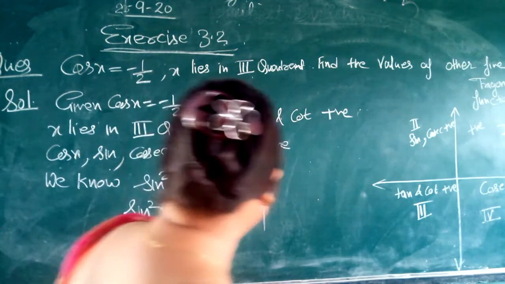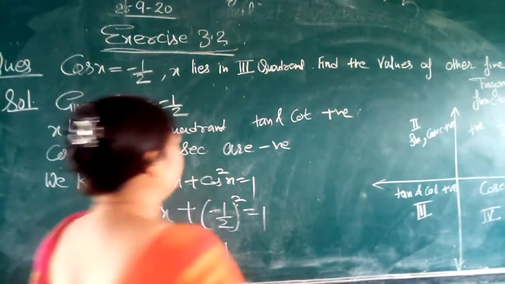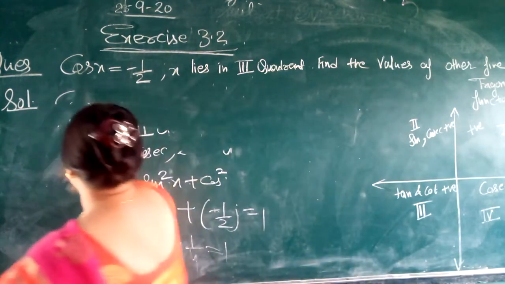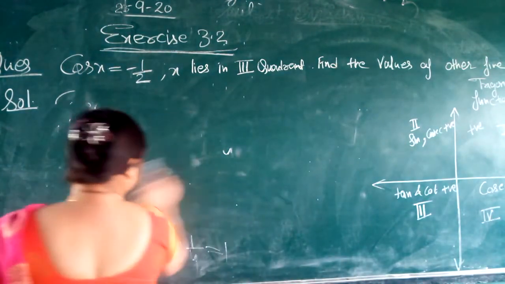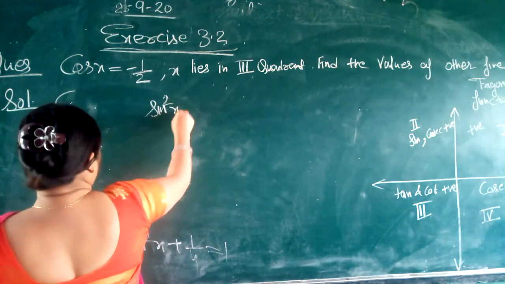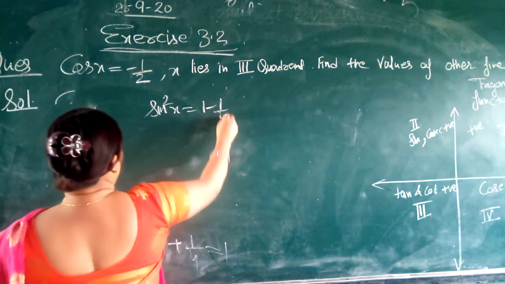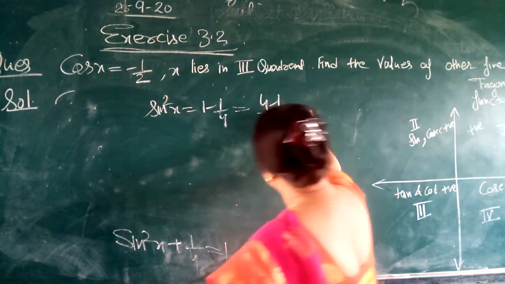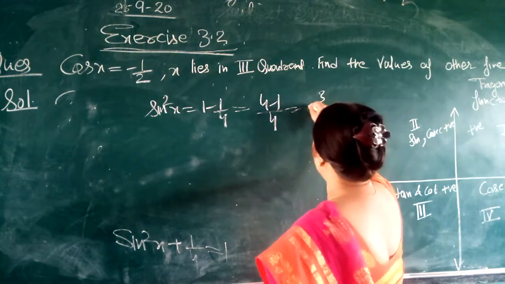So sin square x is equal to 1 minus 1 by 4. So it will come 4 minus 1 upon 4, that is equal to 3 upon 4.